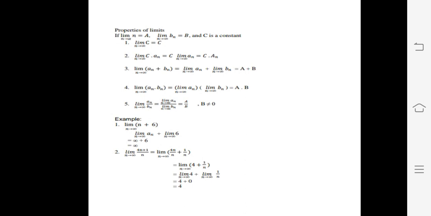Second, the limit of 4n plus 1 over n as n approaches infinity is equal to the limit of 4n over n plus 1 over n, which is equal to the limit of the quantity 4 plus 1 over n, which is equal to the limit of 4 plus the limit of 1 over n as n approaches infinity. So 4 plus 0 is equal to 4.